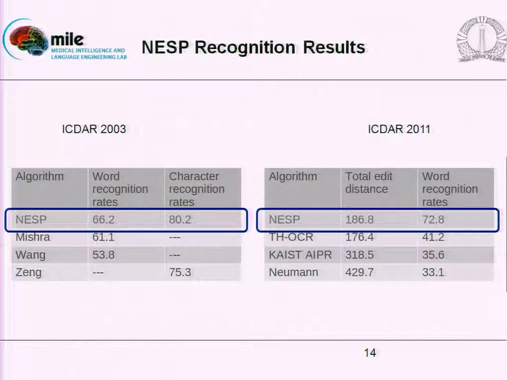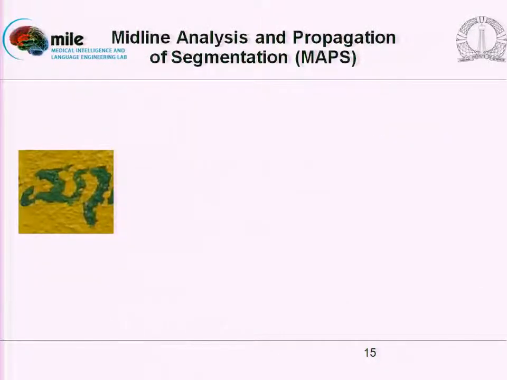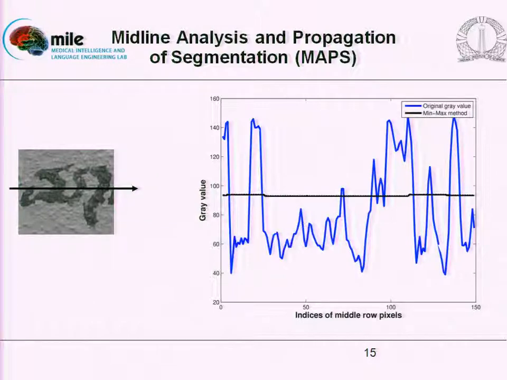So, apart from it, we have once again thought of reducing the computation. For that, we came up with a novel method, midline analysis and propagation of segmentation. Here also we start from a grayscale image, and we extract the middle line. The variation in gray values along the middle line is known.